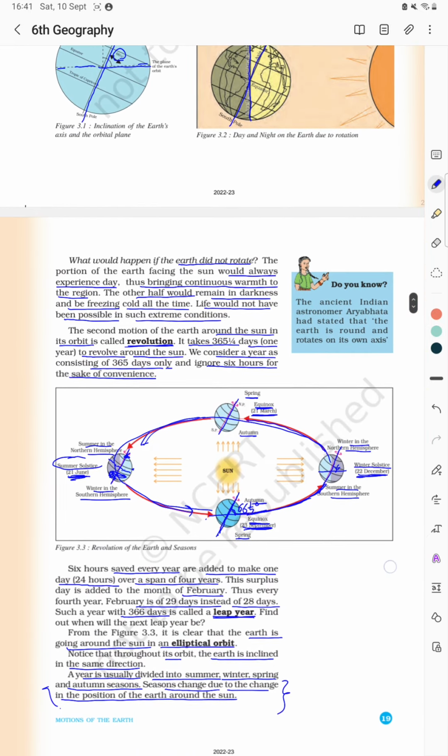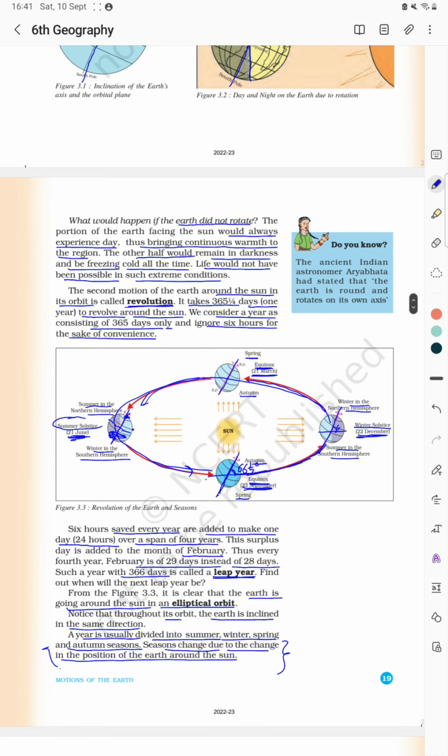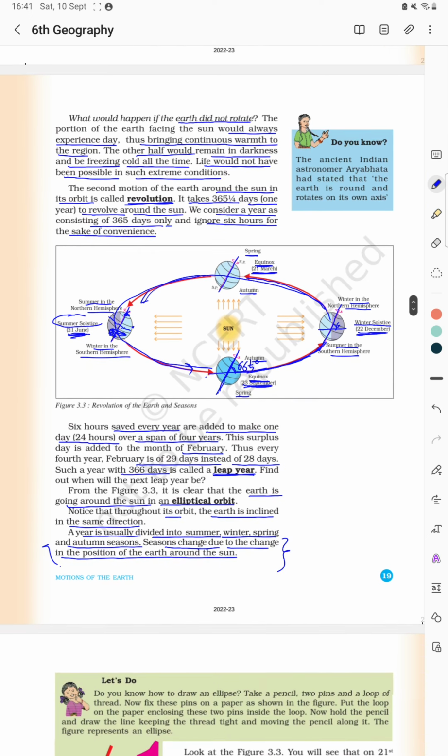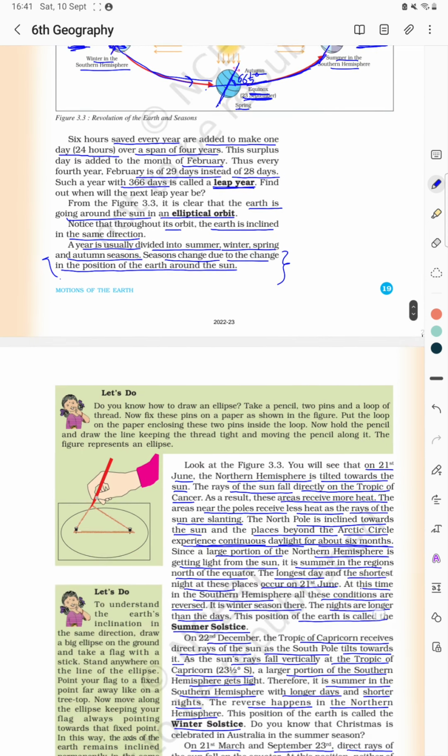Then we saw the summer solstice, on 21st June, when the northern pole is tilted towards the sun. Then we learnt about the winter solstice, where the southern pole is tilted towards the sun. Then we saw the position of earth called equinoxes. Then we learnt about leap year and elliptical orbit.